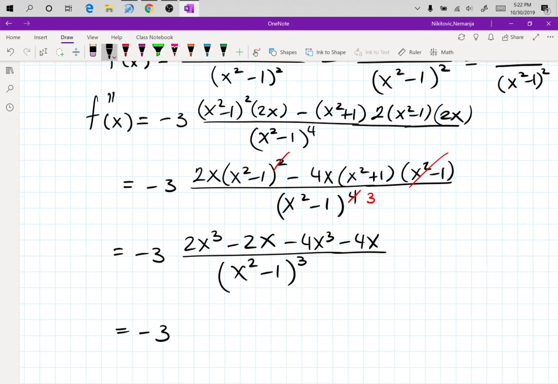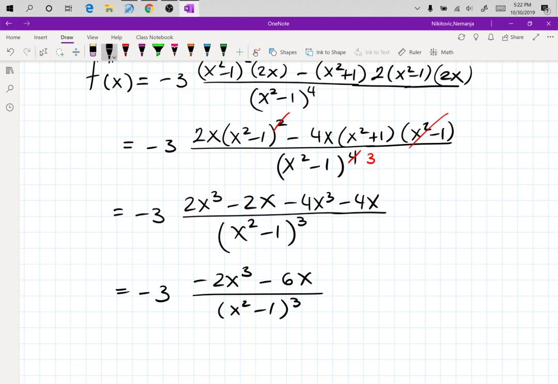Negative 3 times negative 2x cubed, because negative 2 minus 4, and then minus 6x divided by x squared minus 1 cubed. So this minus, we can factor out 2, make that into a 6, distribute the minus to kill all the other minuses. You just have x. Oh, you can kick out x as well.